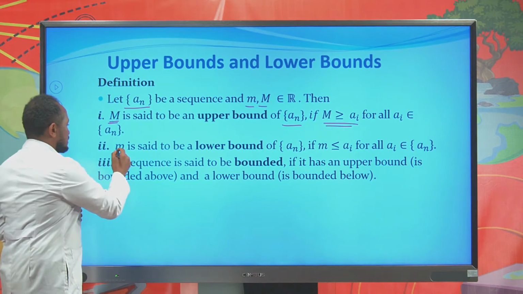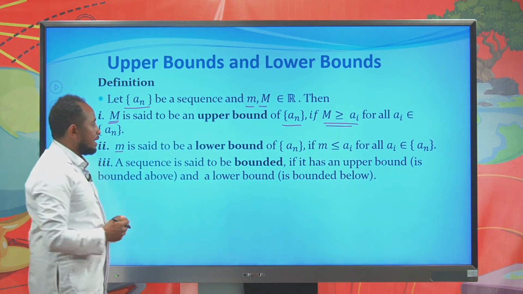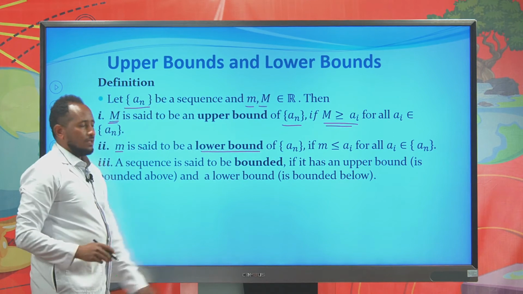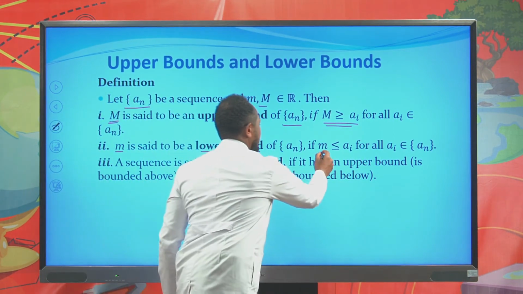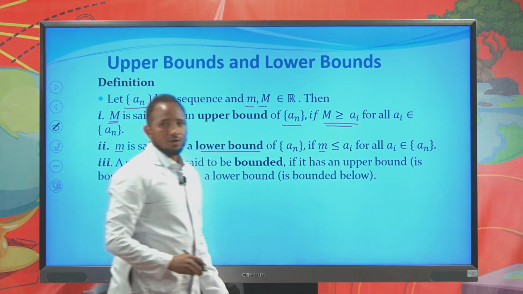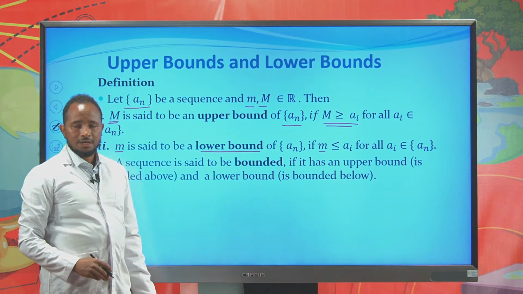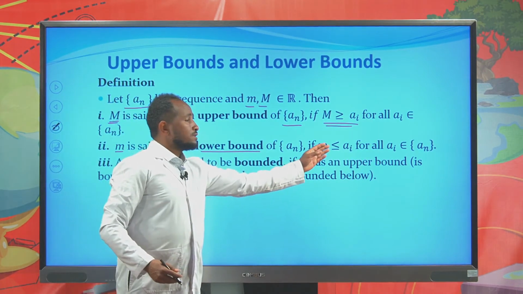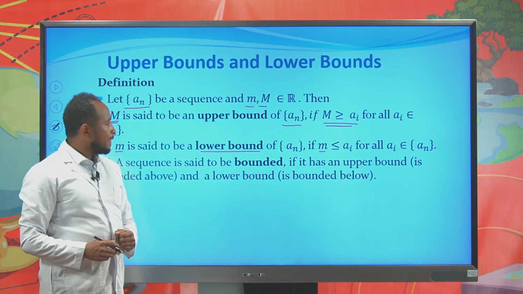And this small m is said to be a lower bound of the sequence a_n if the small m is less than or equal to a_i, where a_i is an element of the sequence. That means this m is less than or equal to all elements of the sequence.